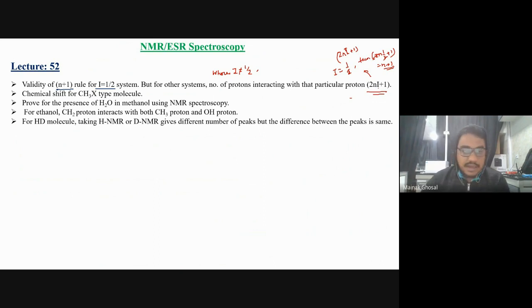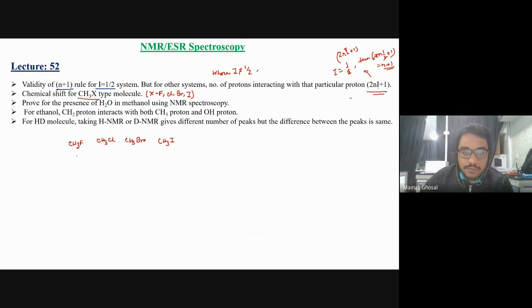And then there was a discussion of the chemical shift of CH3X type molecules. What is X? X refers to fluorine, chlorine, bromine, and iodine: F, Cl, Br, and I. Suppose you have CH3F, CH3Cl, CH3Br, and CH3I.